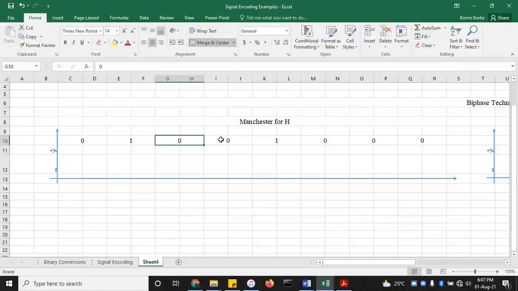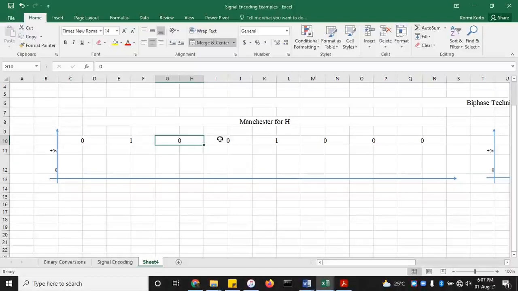But 0 has a high voltage start and 1 has a low voltage start, or level voltage start. Those are two things you need to keep in mind. So for 0, high voltage start, you transition mid-bit, and if it's a 1, you have to make sure it starts at a low voltage pulse.